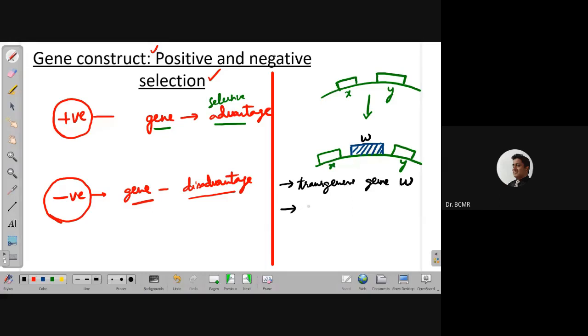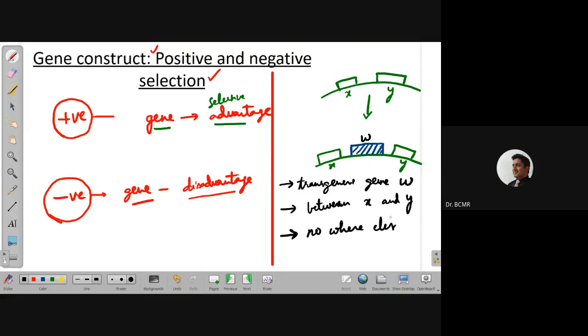The second thing is the introduction should be only between X and Y. That is the second objective. The third one is nowhere else. That means gene W or any kind of modification should not have been anywhere else.